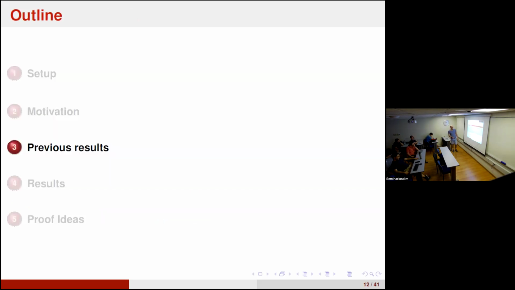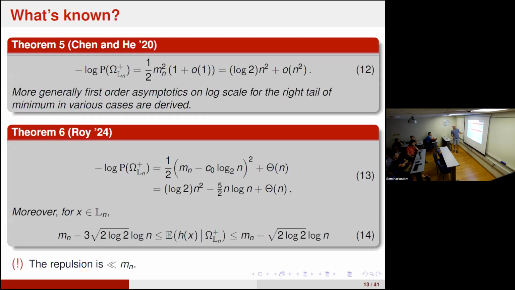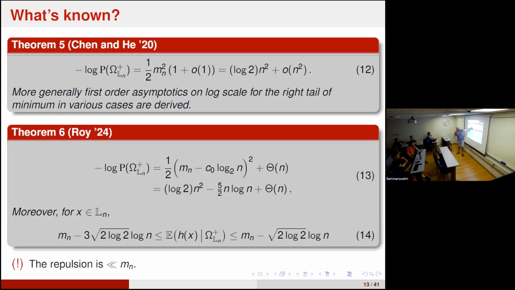So what is known about this problem? Again, the problem is to study the branching random walk conditioned on all the leaves being positive. So there are some asymptotics. From 2020, we have the first order asymptotics, which is one half m_n squared, where m_n is the centering sequence. You square this, and on first order it just gives you the log 2. So on first order, the probability of having all the leaves positive is this.